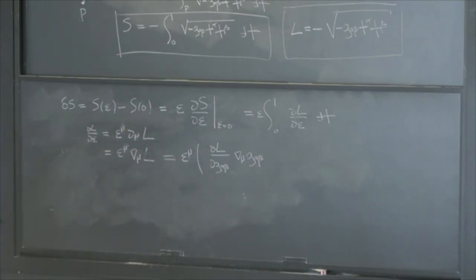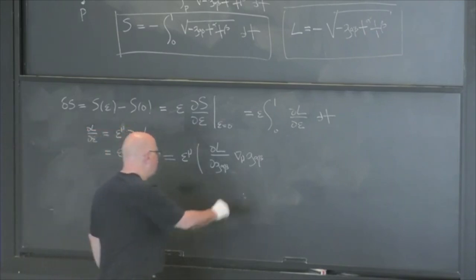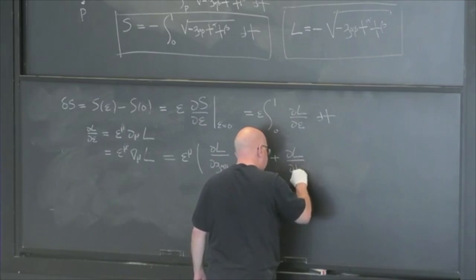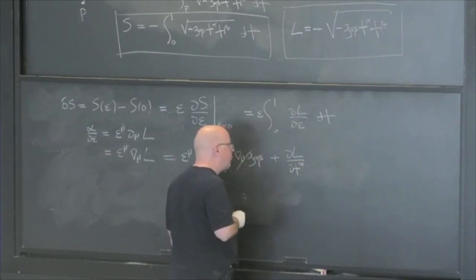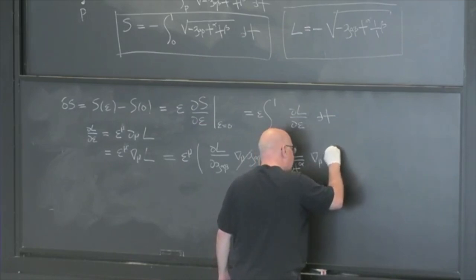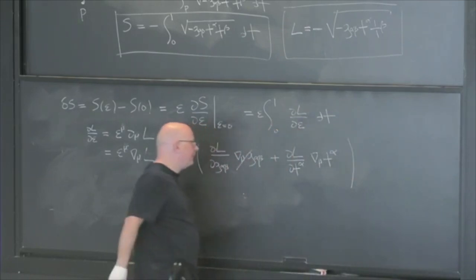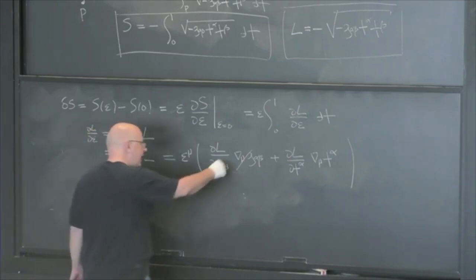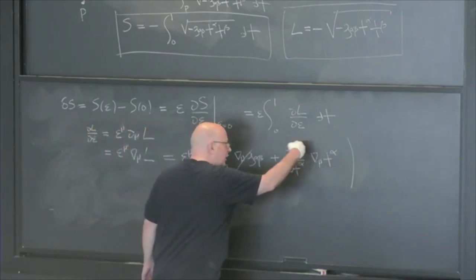And then we realize that we don't have to do anything here because that covariant derivative is 0. And then I would take the partial derivative of the Lagrangian with respect to the tangent vector and take its covariant derivative.